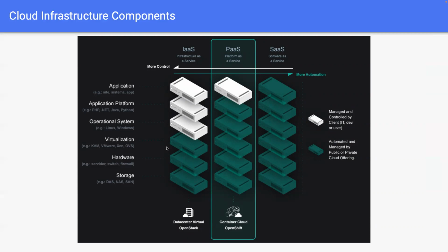Containers package applications and allow them to be treated as portable units of virtualization. The interface becomes consistent regardless of the underlying OS or hardware, while sharing similar security considerations with virtual machines.